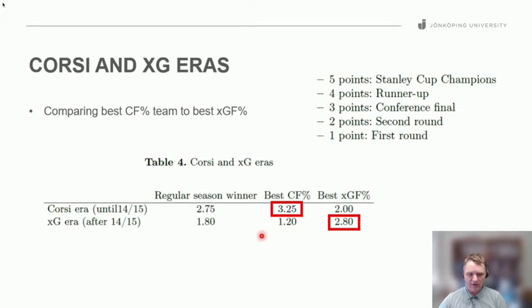So in this era, being the best Corsi team is just slightly better on average than getting eliminated in the first round of the playoffs, while the best XG team is almost on the level of getting to the conference final on average.